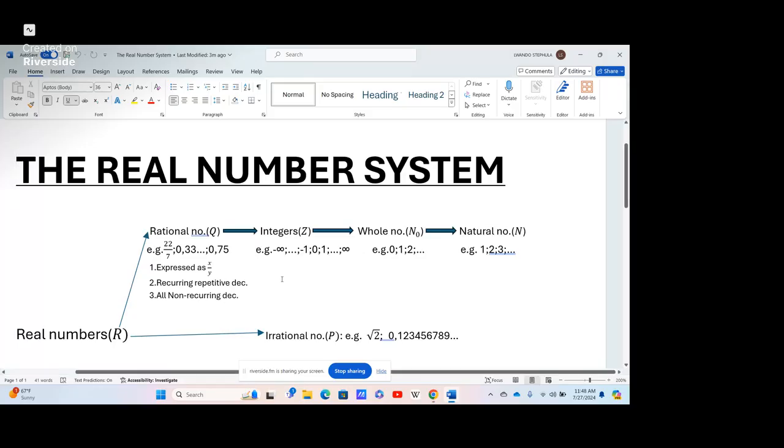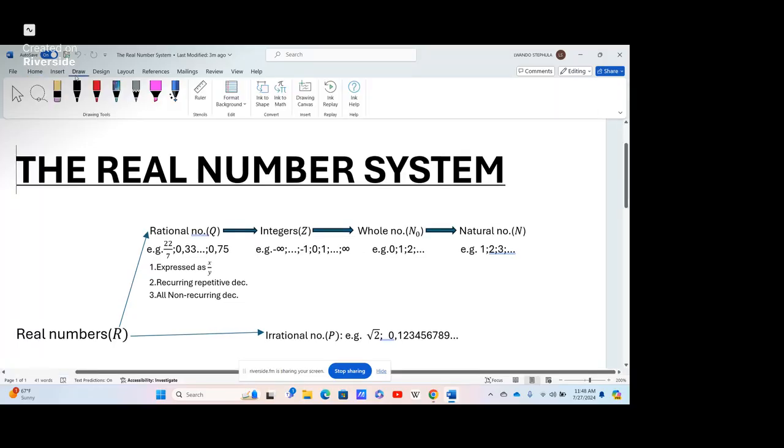So here we have rational numbers. Rational numbers have three characteristics. The first characteristic is that they can be expressed as a fraction, that is, in the form of x divided by y. An example of that is 22 over 7, which is the value of pi.